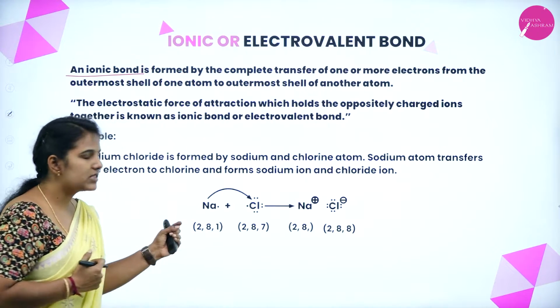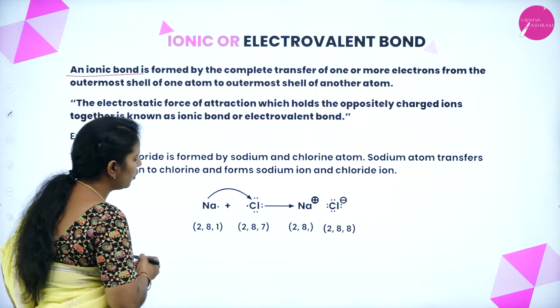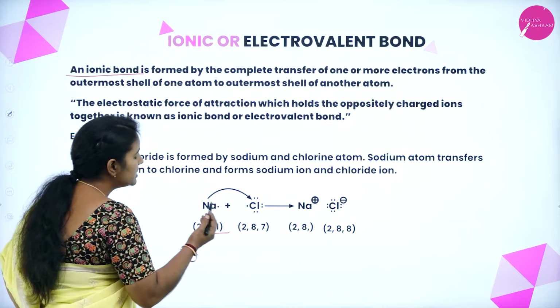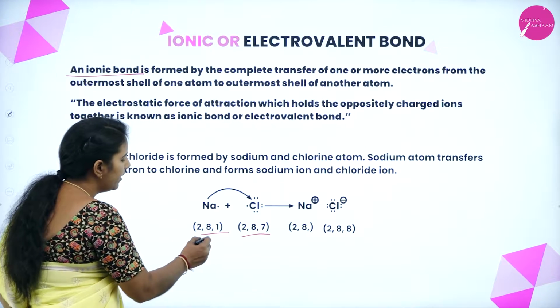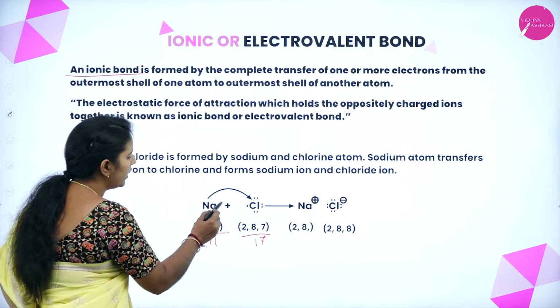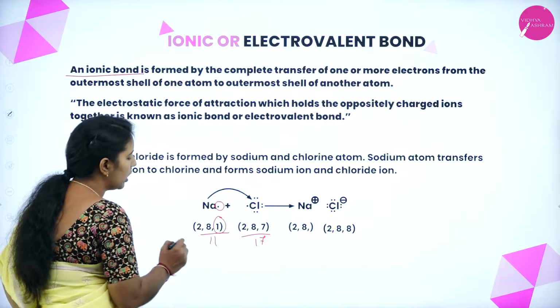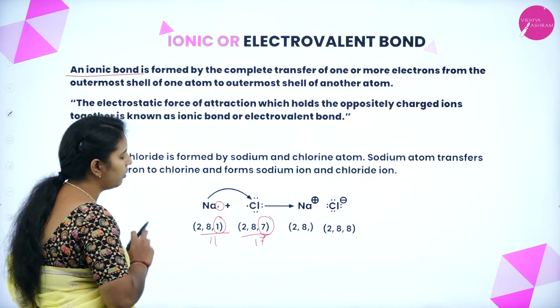Let us discuss sodium chloride in more depth. Sodium has atomic number 11. Similarly, chlorine has atomic number 17. Sodium has one electron in its outermost shell. Similarly, the chlorine atom has 7 electrons in its outermost shell.